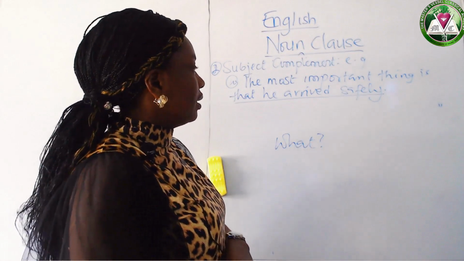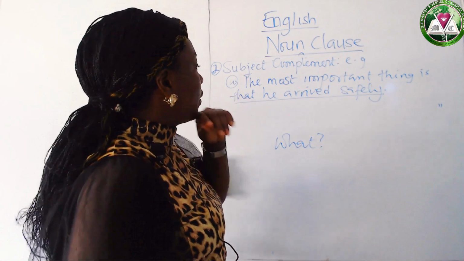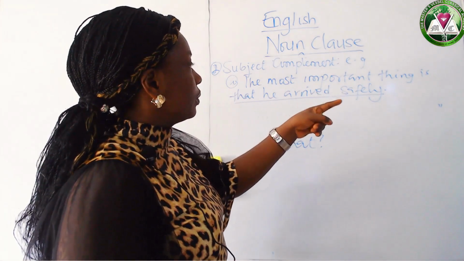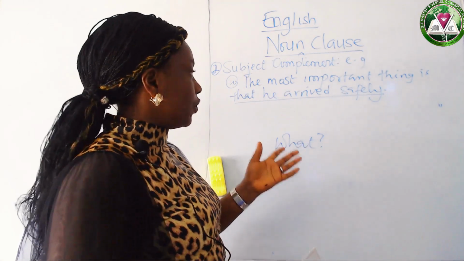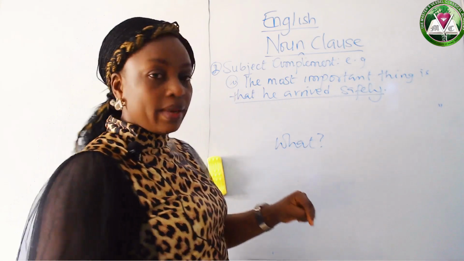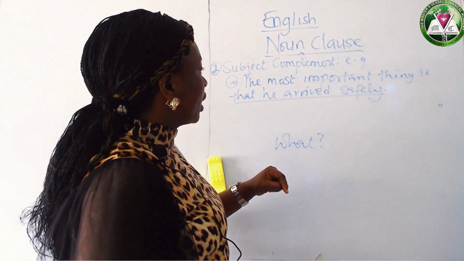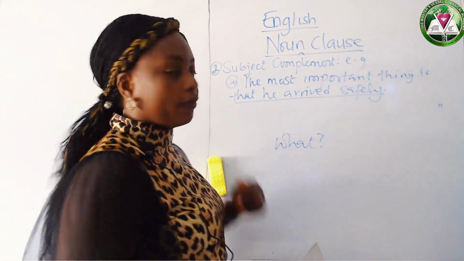And like I said, note please, in the subject complement, the noun clause normally comes after the verb. So also in object complement. But in order not to be confused, in object complement, we will still get to that. In object complement, the noun clause is the sufferer of the action of the verb.